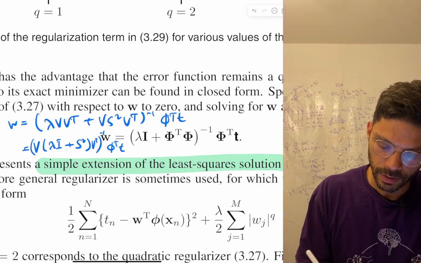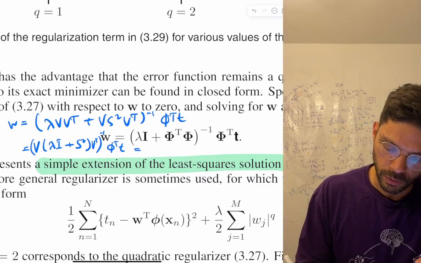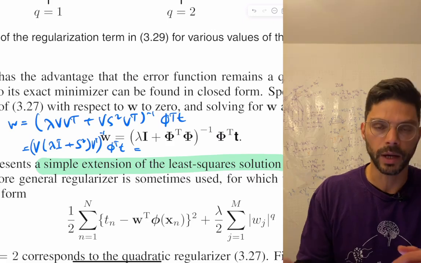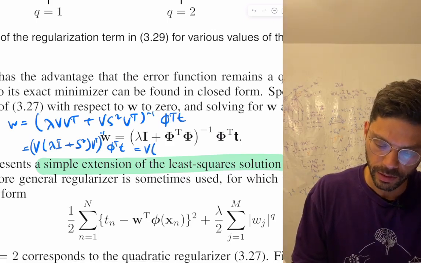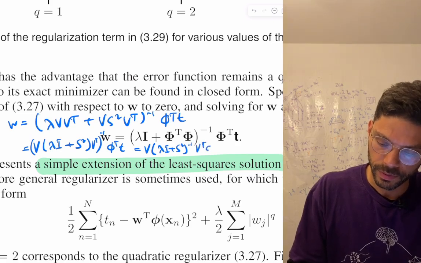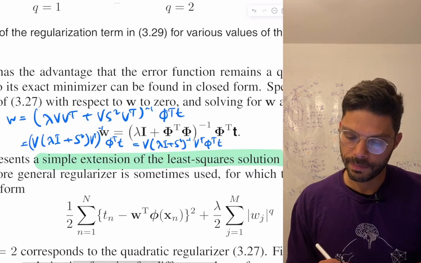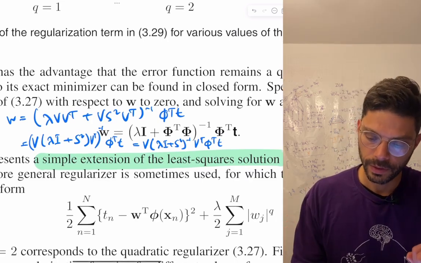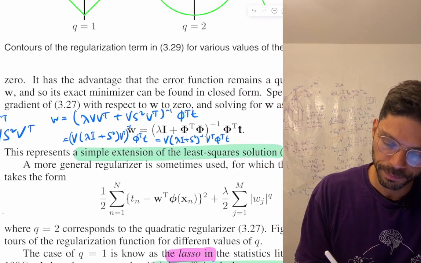And the minus 1 actually comes and works on the diagonal, so it's going to be V times lambda I plus S squared to the minus 1 times V transpose times phi t t. That's great. So this is what our weights are going to be.